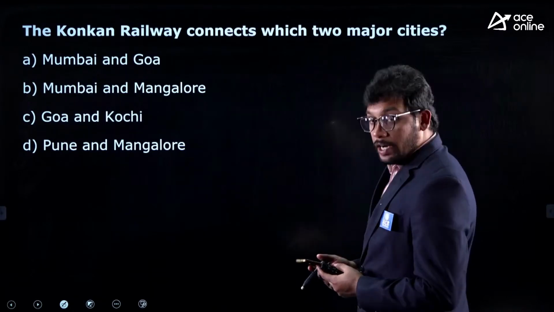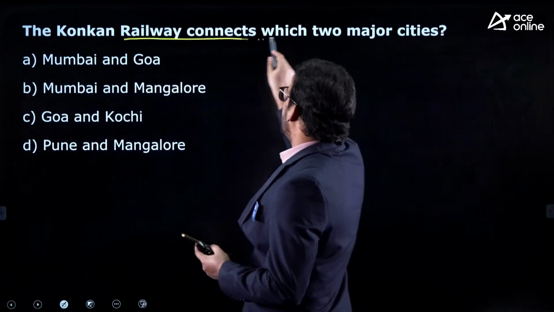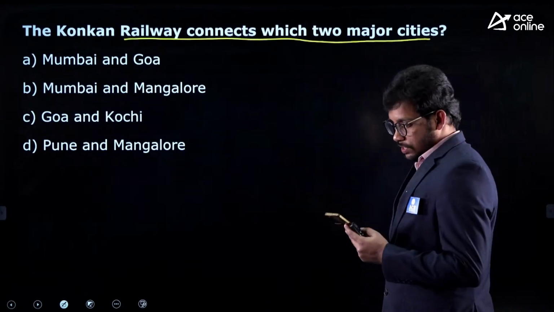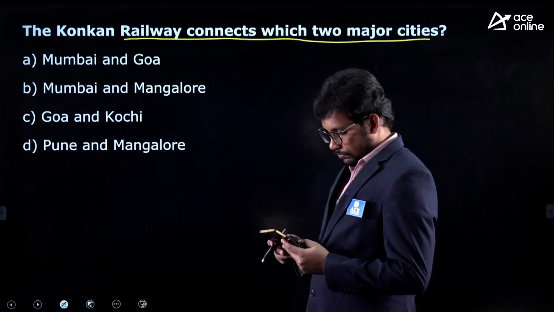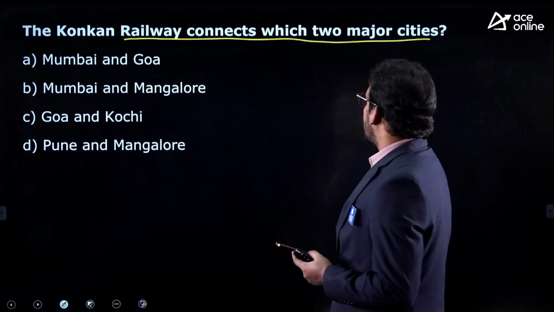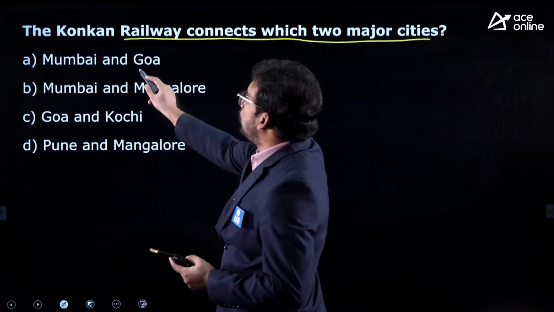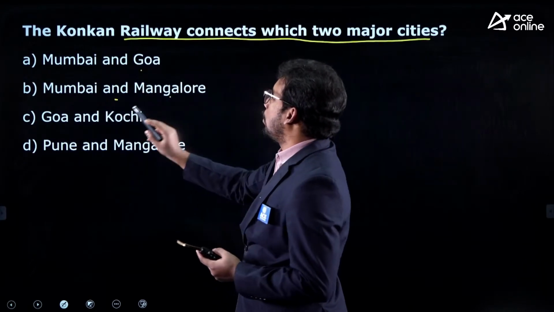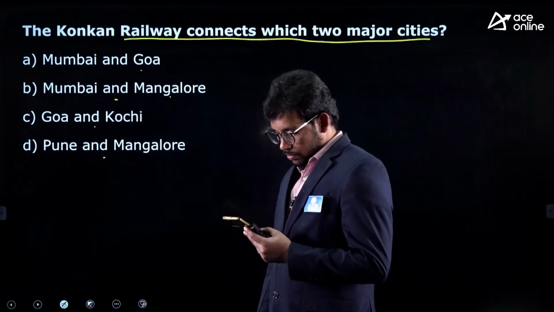Next question is related to railways, as you are going to write the railway examination. Which two major cities does the Konkan Railway connect? Mumbai and Goa, Mumbai and Mangaluru, Goa and Kochi, Pune and Mangalore.